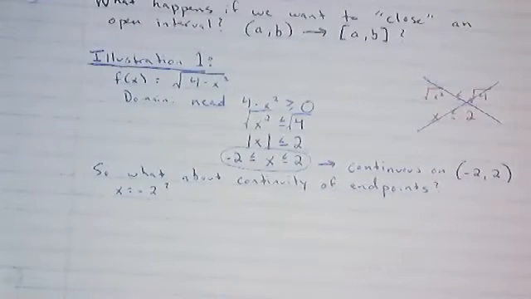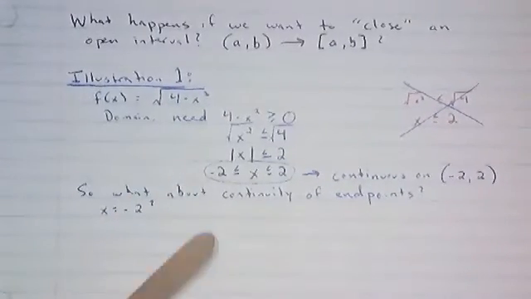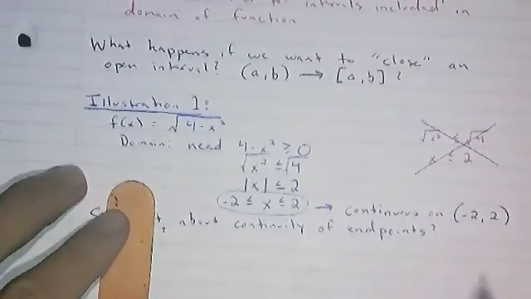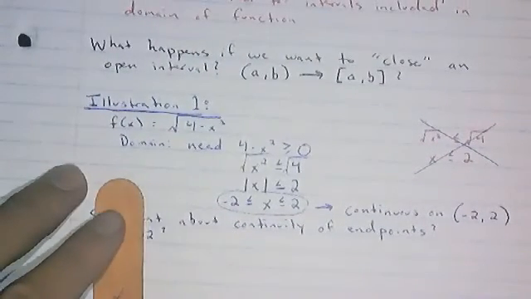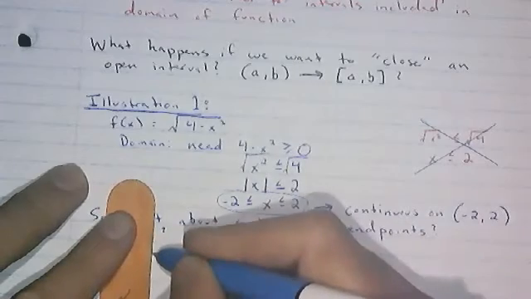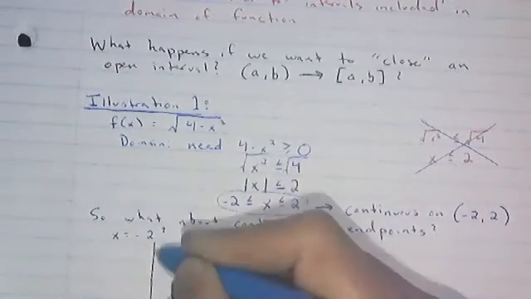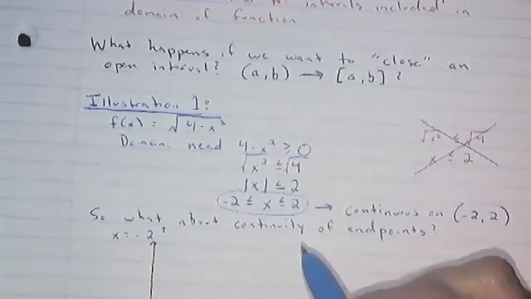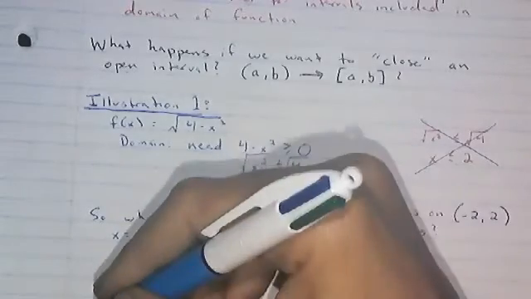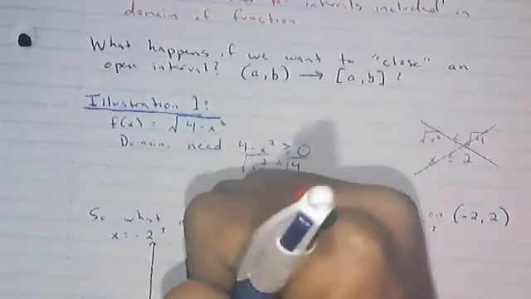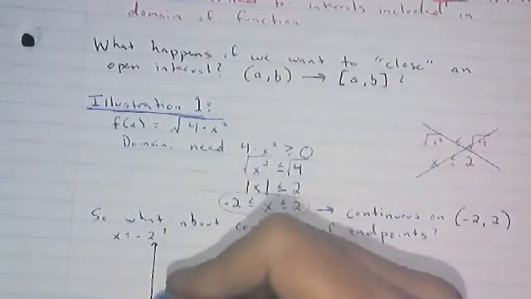Oh, let's draw a quick graph here of this function. This is, of course, a semicircle of radius 2.